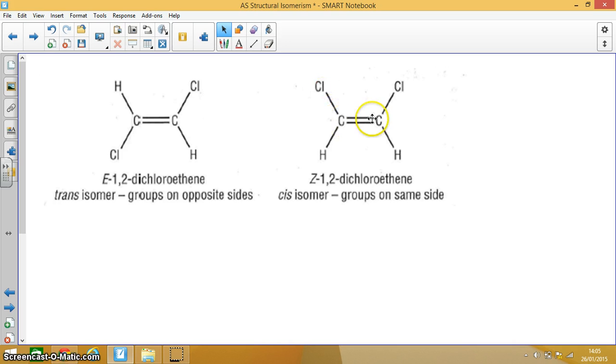This is the cis isomer, so it's the Z isomer with the chlorines in the cis configuration side by side, and this is the E isomer where the chlorines are in the trans configuration and are opposite each other, and this is EZ isomerism.